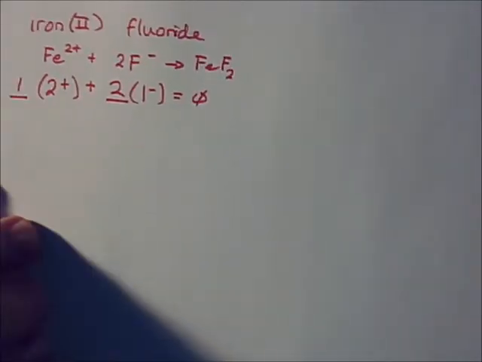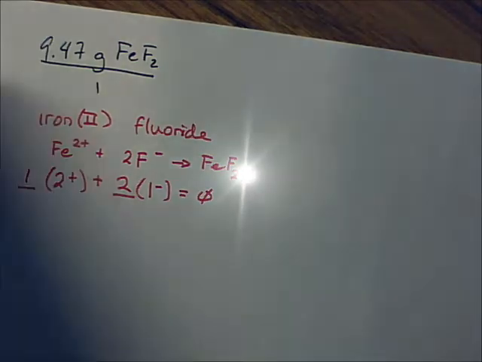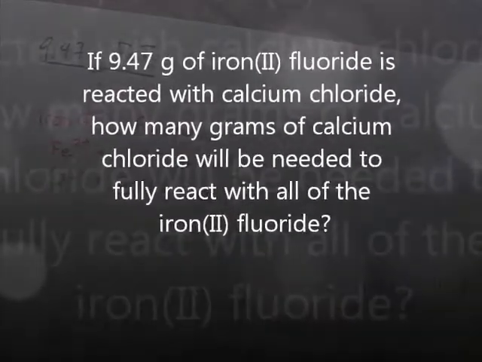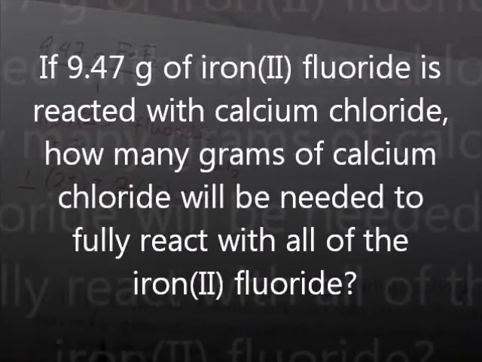Yesterday we said that the way you get from the mass of one substance, as the problem asks for, to the mass of another is this. We're starting with iron(II) fluoride, and we're trying to get to the mass of calcium chloride. We can't get there directly, we said.